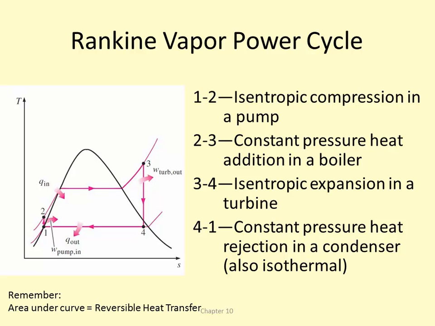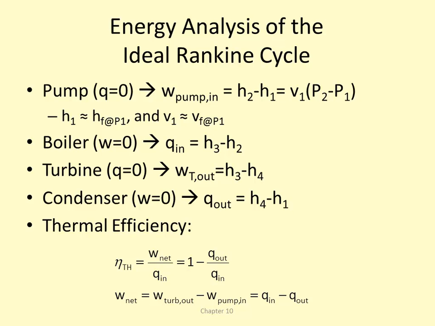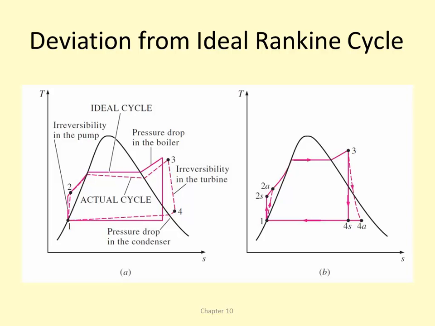We talked about the Rankine cycle, where the Carnot cycle was not suitable for us to use in a steam power plant, so we modified it slightly. These are the states and the processes of the Rankine cycle and the energy analysis of the Rankine cycle, so it's important to review that, and particularly to remember when you're finding the work of a pump to use v times (P2 minus P1).